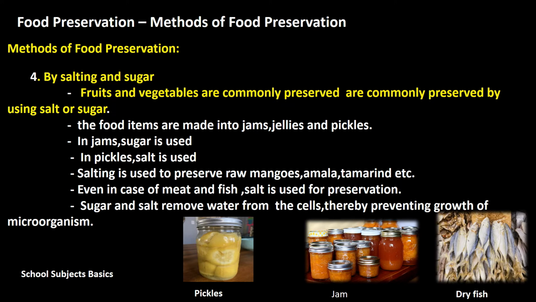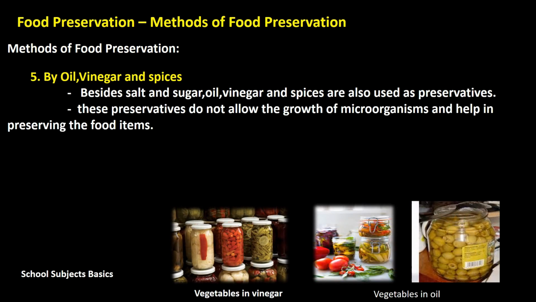Salting is used to preserve raw mangoes, amla and turmeric, and in the case of fish and meat, salt is used. The main thing is that sugar and salt remove water from the cells, and thereby prevent the growth of microorganisms.